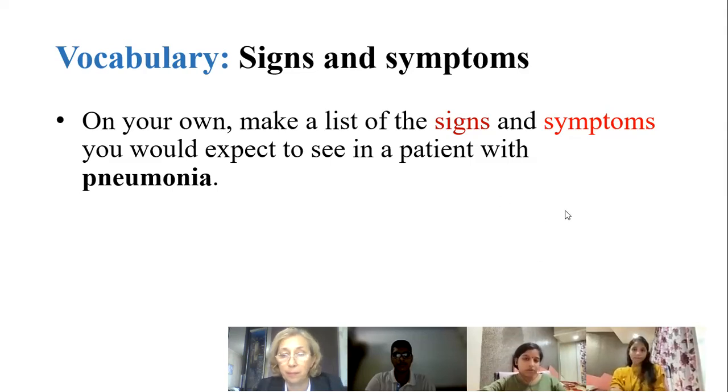Ma'am, pneumonia promotes diarrhea also. It promotes nausea, diarrhea, vomiting, aching of muscles, fatigue, shallow breathing, fever, chills, irritated throat, coughing. I see. Just a very wide scope of symptoms and signs, and doctors, depending on the stage, should be very careful about this.